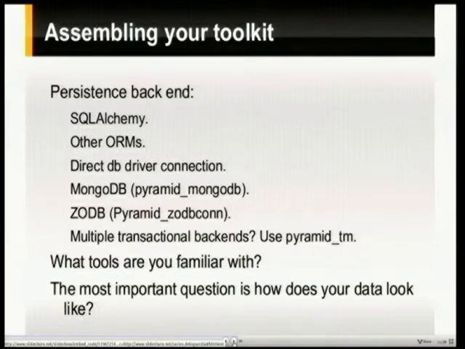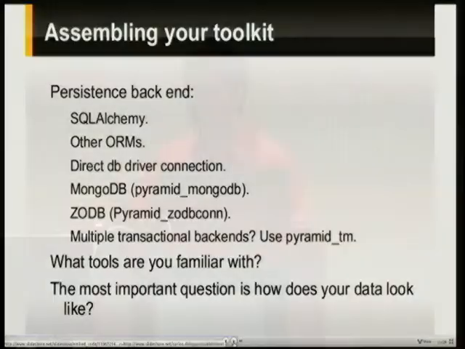And Pyramid has support for transactions throughout the request. So when the request starts, a transaction begins, and the whole request is contained in that transaction. So if there's an error somewhere in the transaction, all your database commits and everything gets rolled back, and you avoid getting into incoherent states for your data.